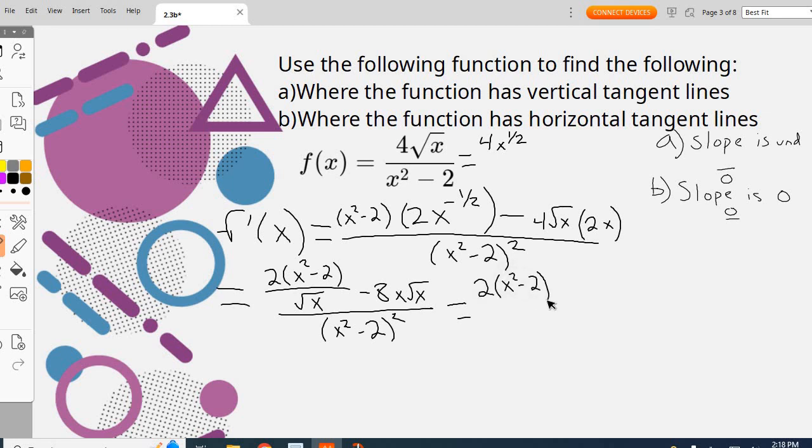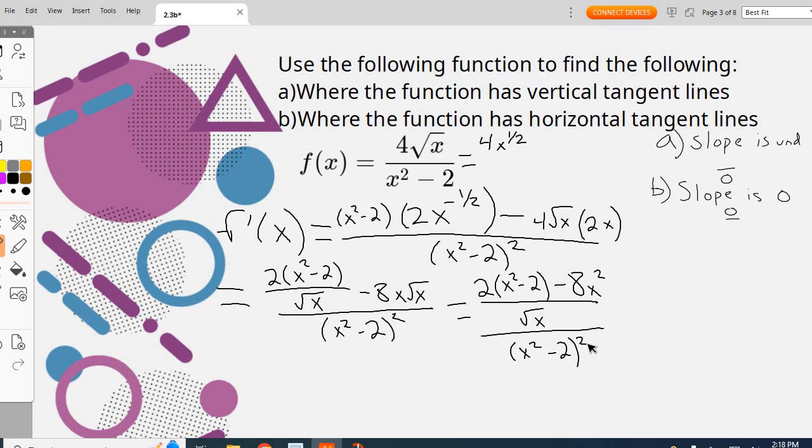If I multiply this second one by a square root of x, what is square root of x times square root of x? X. And then I already have an 8x, so I just end up with 8x squared, all over the square root of x, all over x squared minus 2 quantity squared.